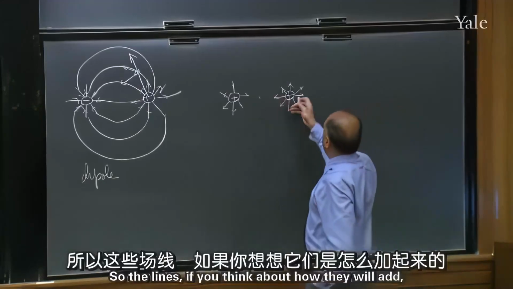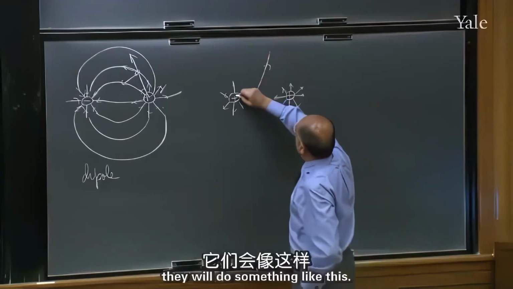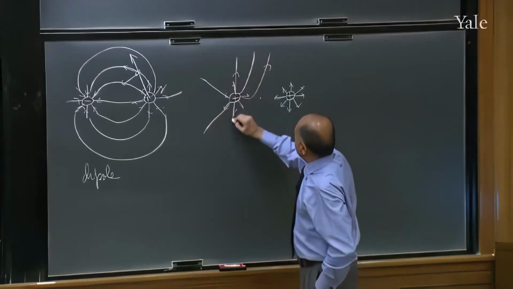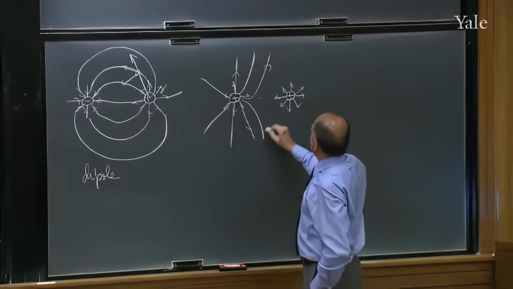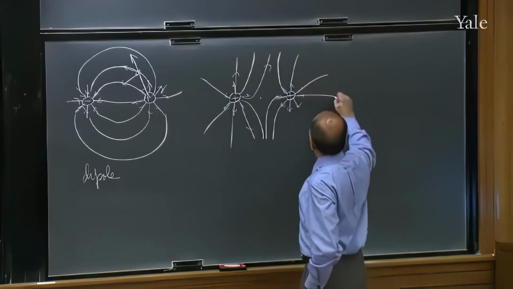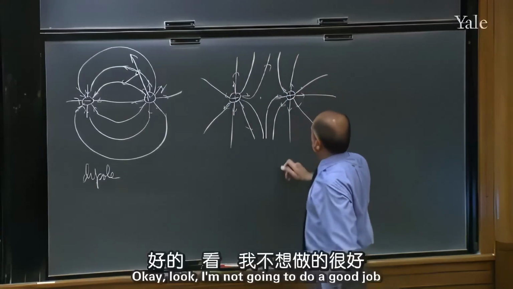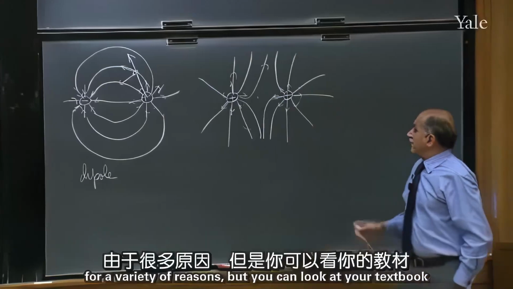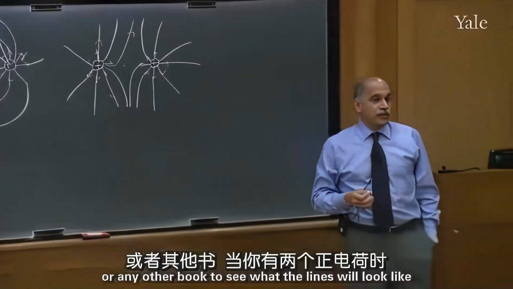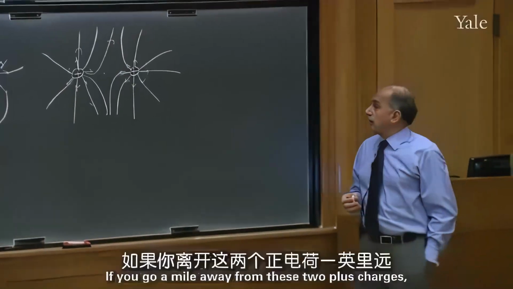So the lines, if you think about how they will add, they will do something like this. Okay, look, I'm not going to do a good job for a variety of reasons, but you can look at your textbook or any other book to see what the lines will look like when you got 2 plus charges.